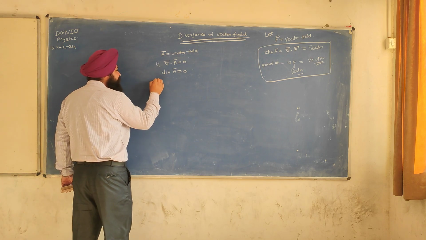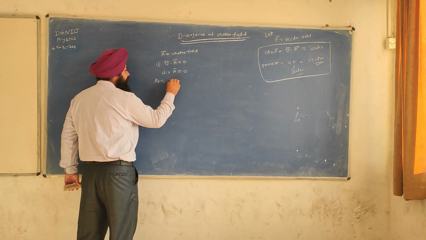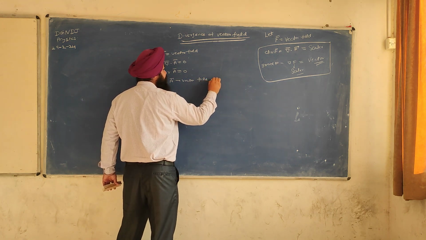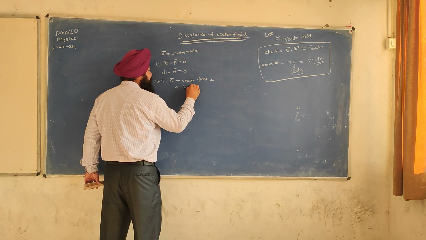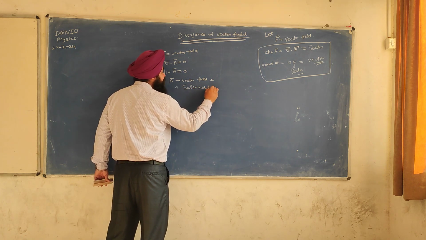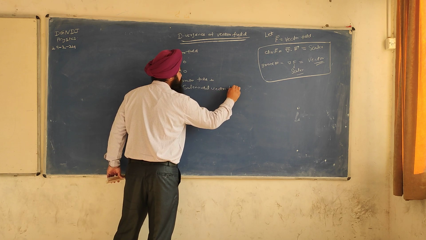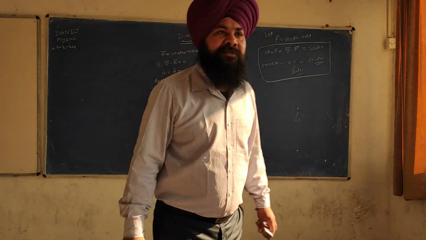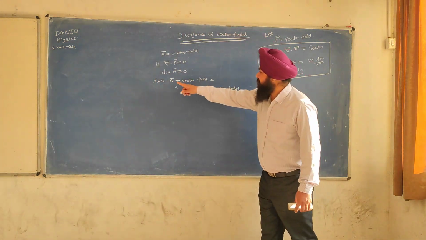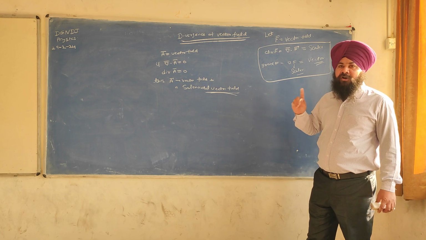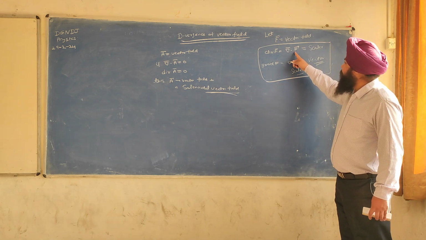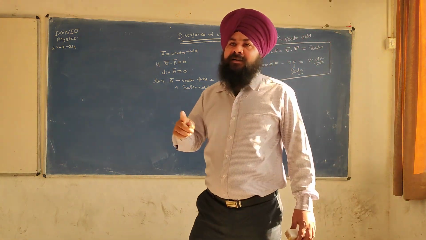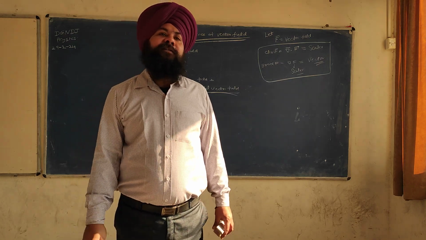This means that this A vector, this vector field, is a solenoidal vector field. If the divergence comes out to be 0, it means this vector is a solenoidal vector field. In this case, if divergence of f comes out to be 0, it means f vector is a solenoidal vector field.